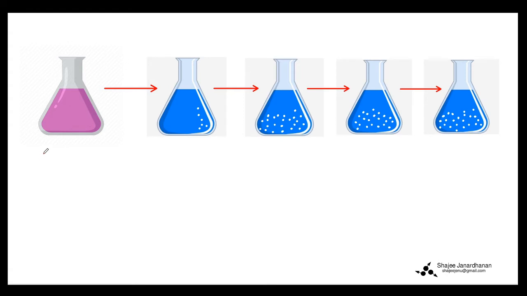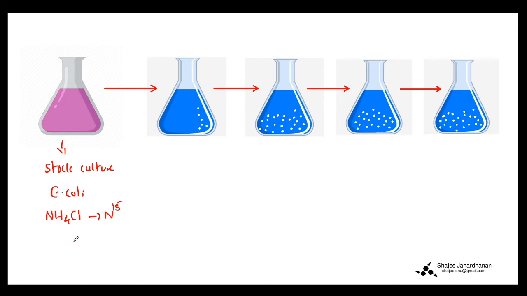Now let's move into the actual experiment. Consider this as our stock culture. It contains E. coli cells that were grown in a synthetic medium containing ammonium chloride, in which the nitrogen is the heavier isotope, which is N15. The natural isotope of nitrogen is the lighter one, which is N14.